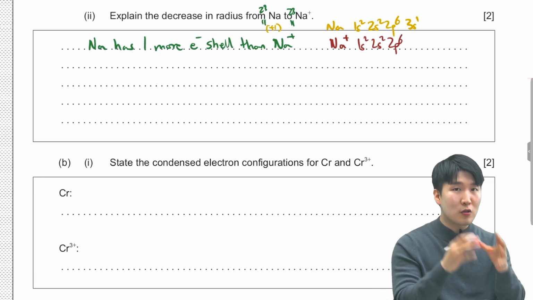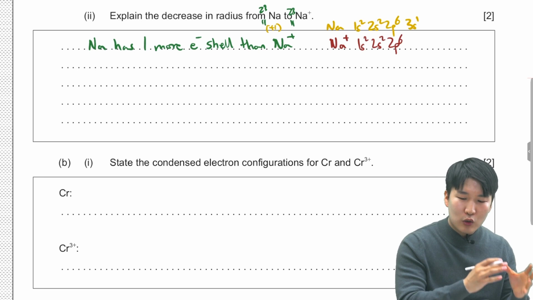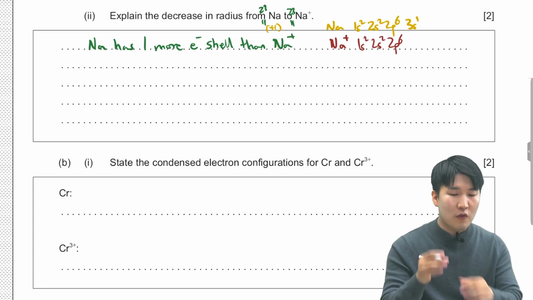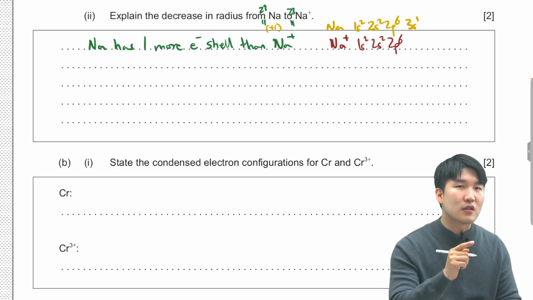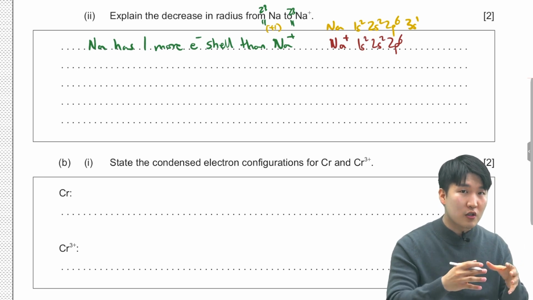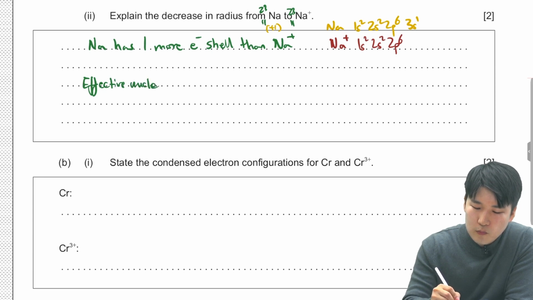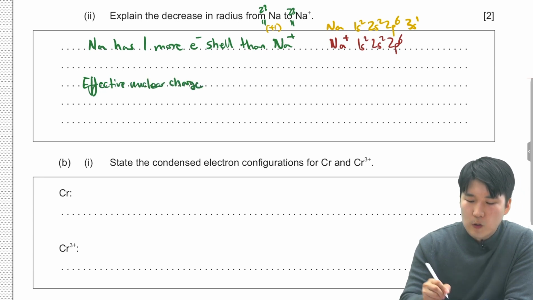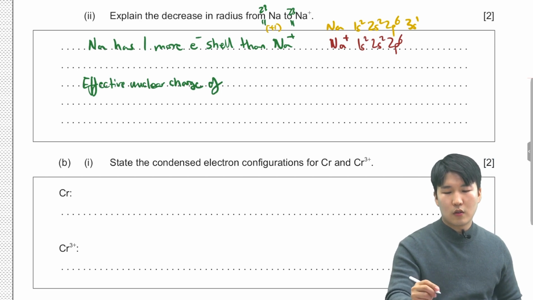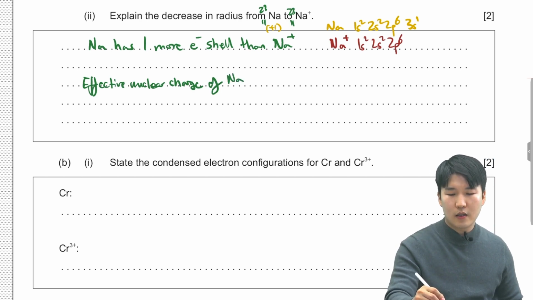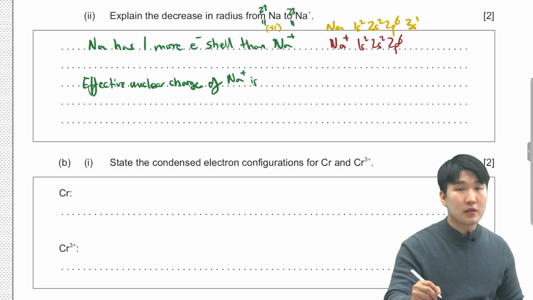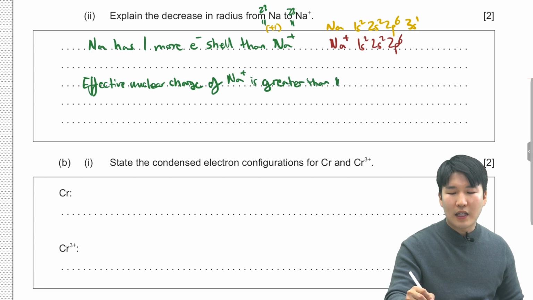And therefore, the resultant electrostatic attraction between the nucleus and the valence electron of a sodium ion has increased, leading to further shrinkage. How do we write this in words? You want to say that effective nuclear charge of Na, let's say Na plus, is greater than Na.